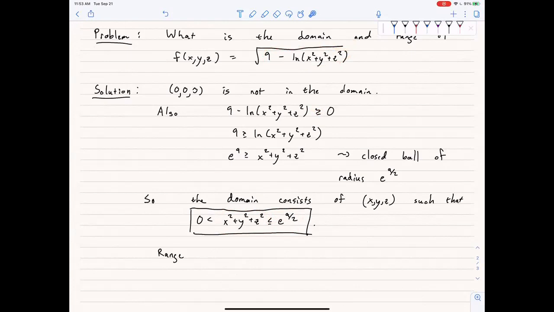So 0 is in the range. Of course, the range of the square root function doesn't have any negative numbers. And if this is getting big, we're going to start tracing out all of the numbers above 0. So the question is, can this whole thing get arbitrarily large?